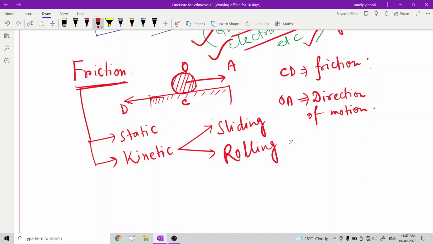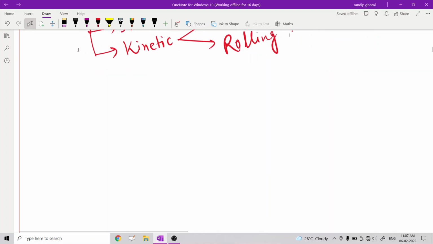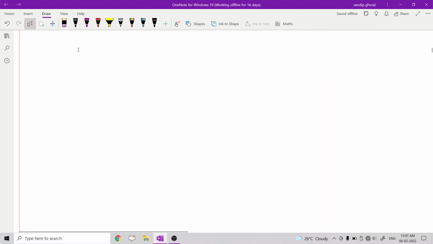And there are some advantages and some disadvantages of friction. This was already discussed in the previous class also. So we move to our next chapter, that is simple machines.